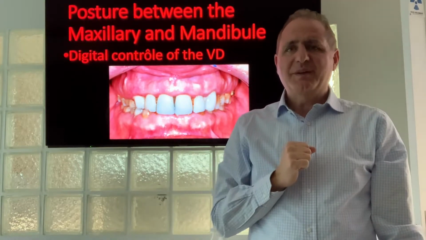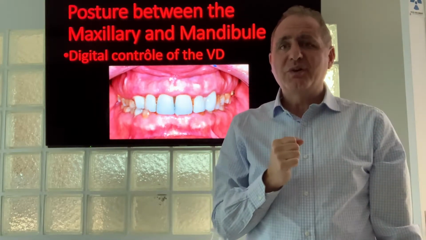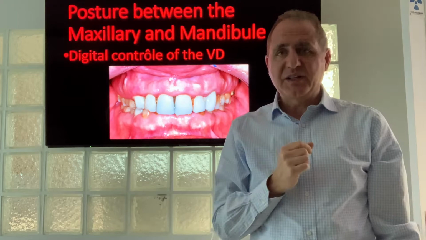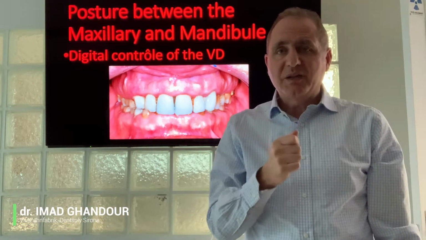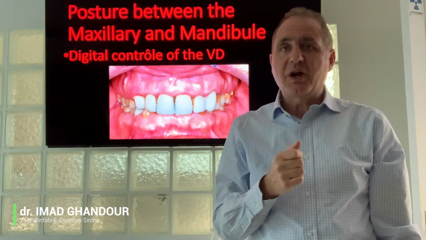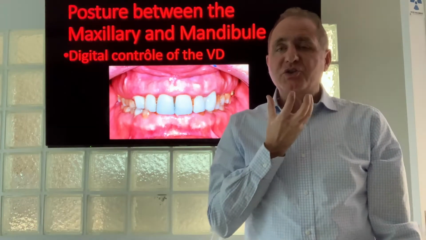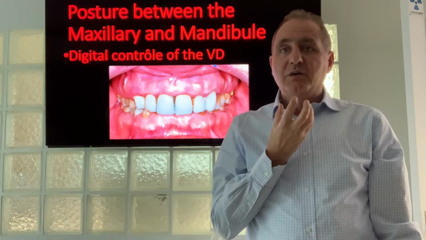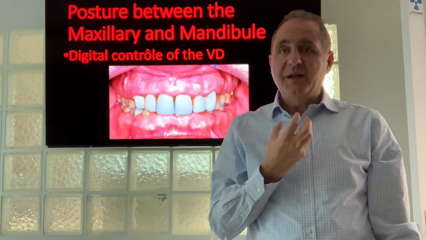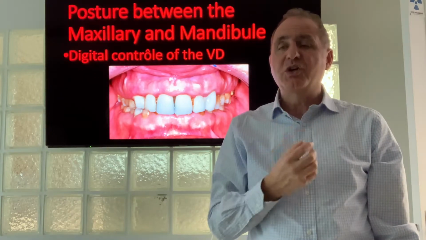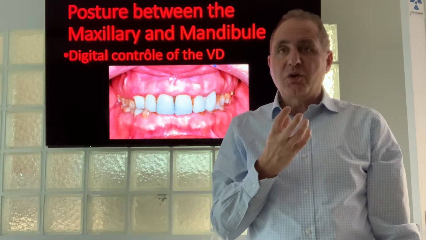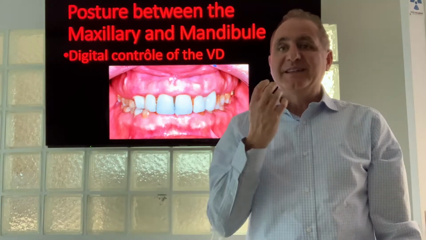My name is Dr. Imad Ghandour and I'm recording for you my second lecture for the Congress about how we can control the vertical dimension, or how we can control the posture of the lower jaw compared to the maxilla, and see what is the best physiological posture, and how we can control it and do trial and error digitally.